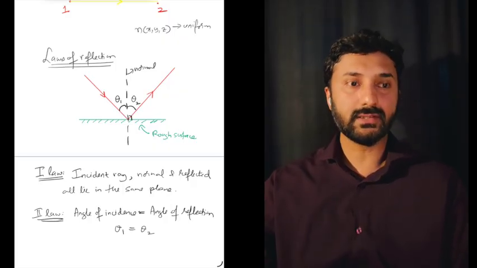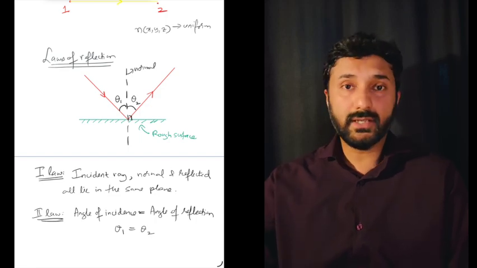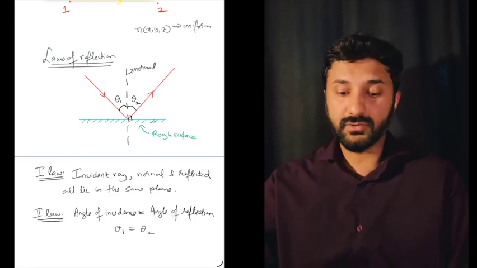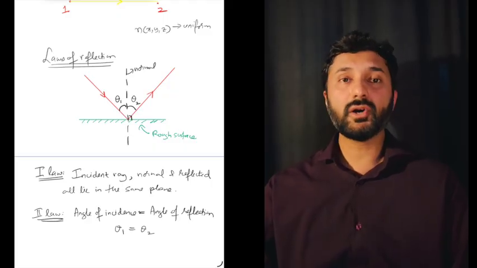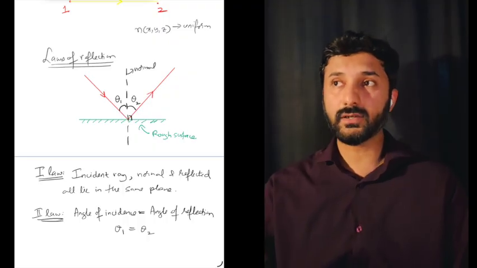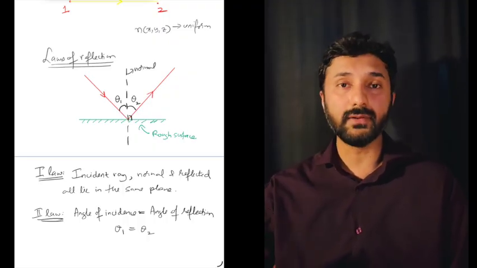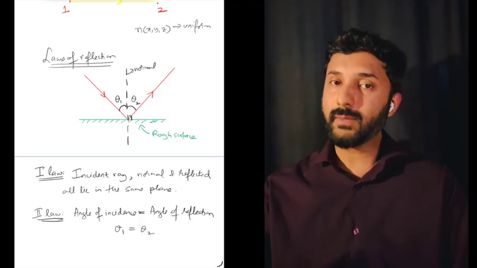In other words, if light has to obey both of these laws, it has basically no freedom left. It has no other choice. So these two laws together pinpoint a particular direction in which light is going to travel after reflection.